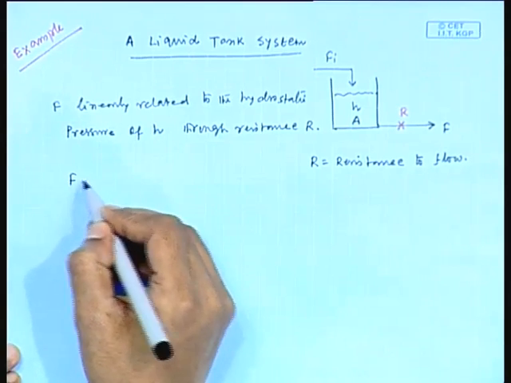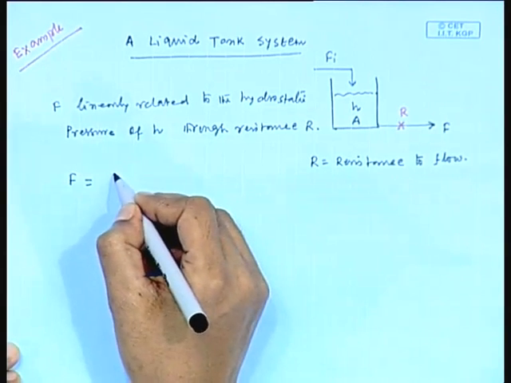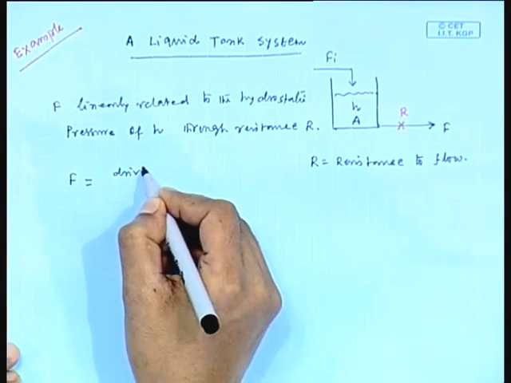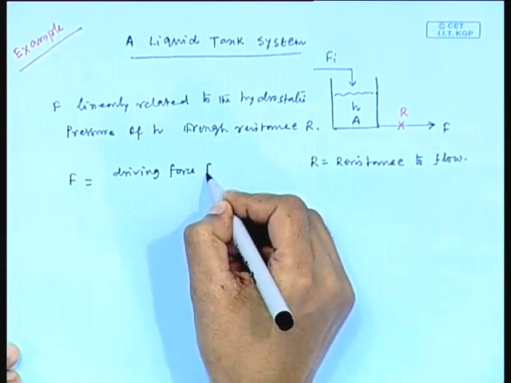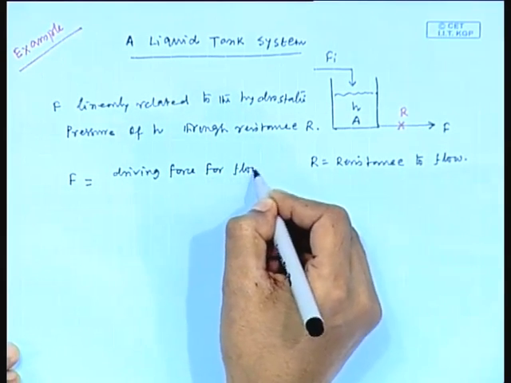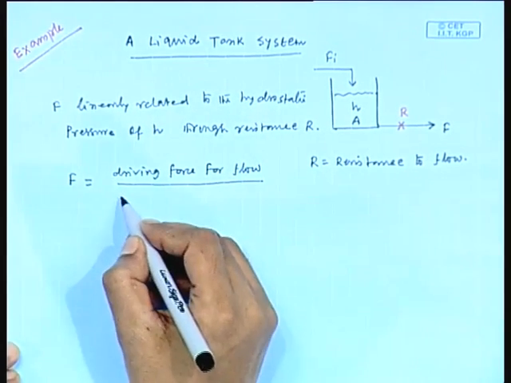Effluent stream, effluent outlet, we can represent by this form: F equal to driving force for flow divided by resistance to flow.